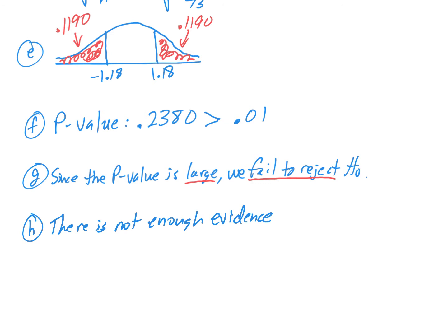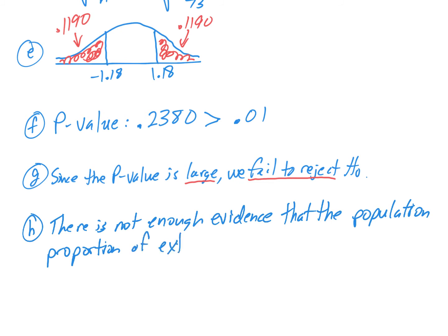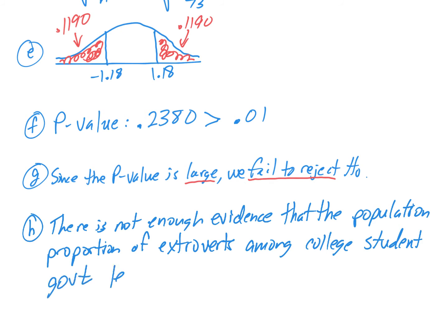Okay, so for this problem, there's not enough evidence that the population proportion of extroverts among college student government leaders is different from 82%.